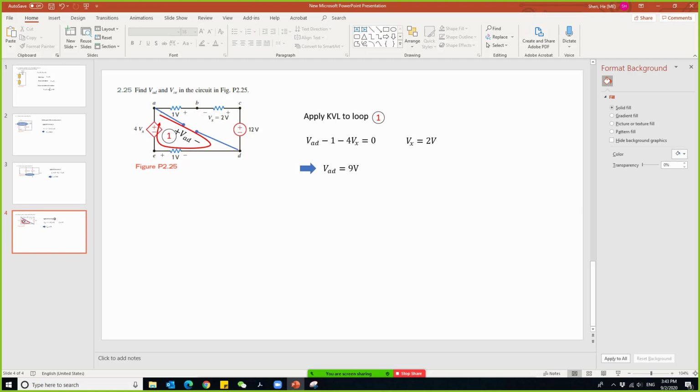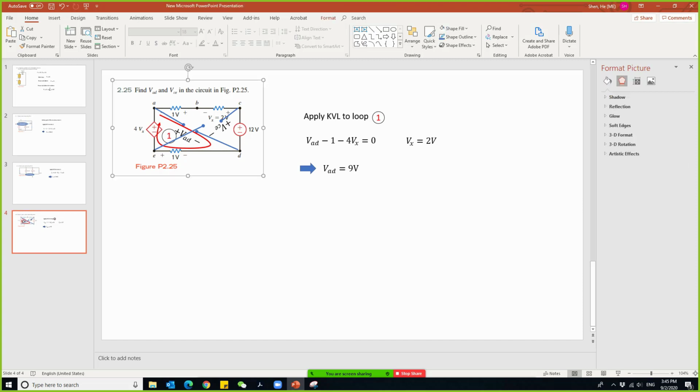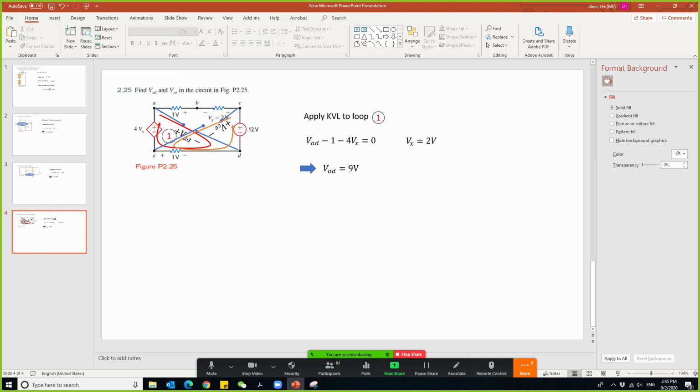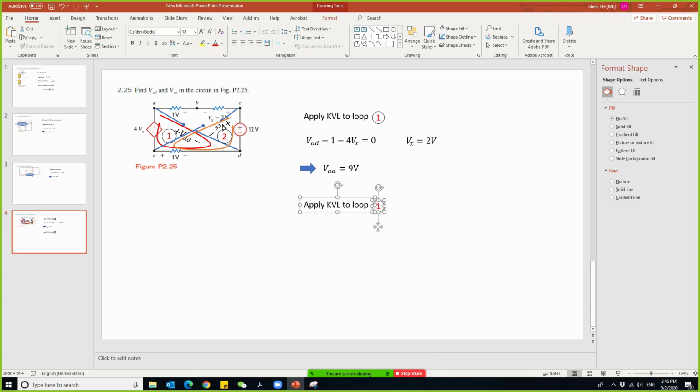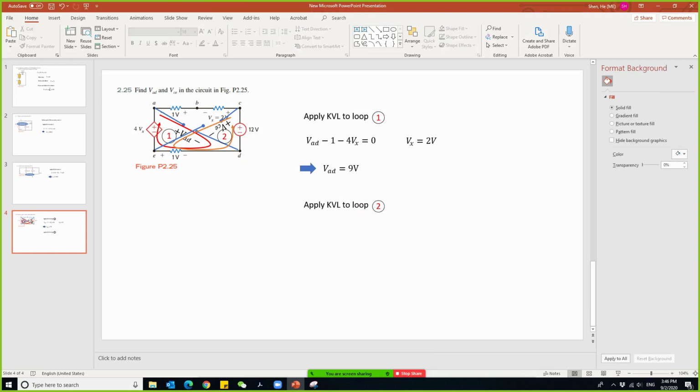So the second part of the problem is to find VCE. C is here and the node E is over there. So that is my VCE. We need to find another loop to do that. I'm going to use this loop. This will be my second loop, so I call it loop 2. So apply KVL to loop 2.